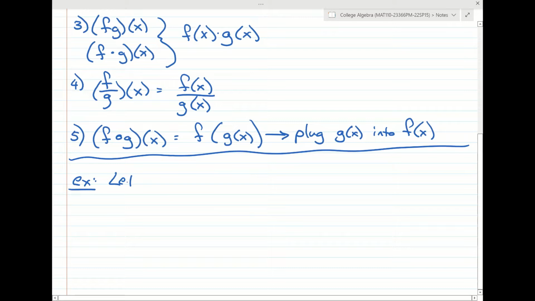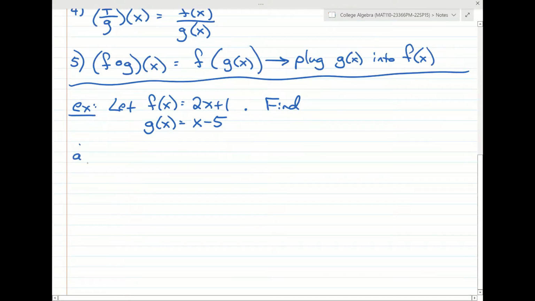Let f of x equal 2x plus 1 and g of x equal x minus 5. I'd like you to find f plus g of 1.